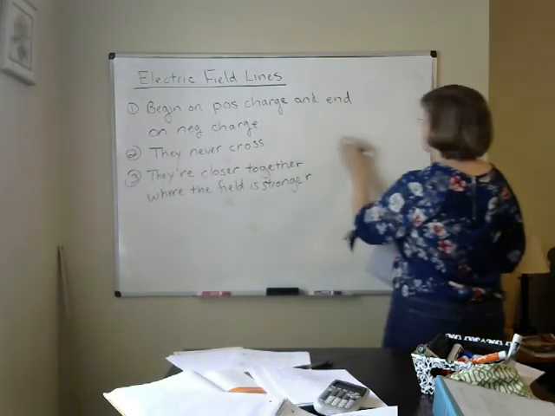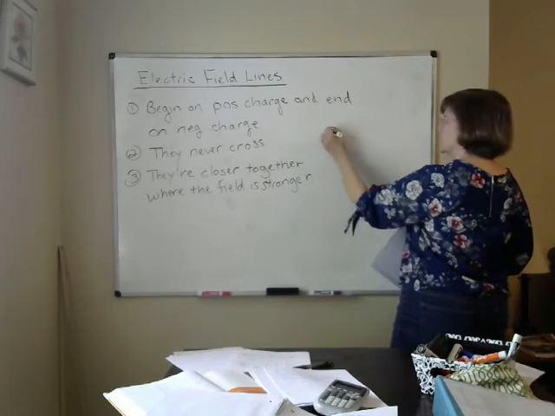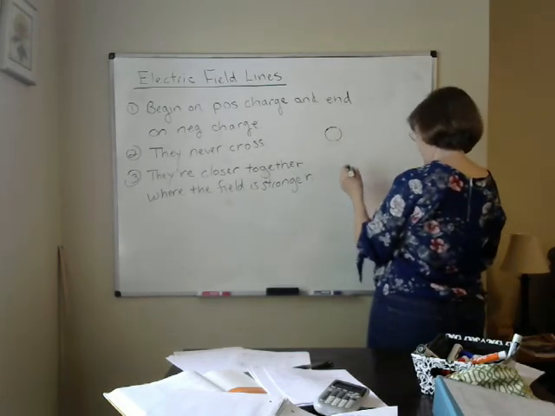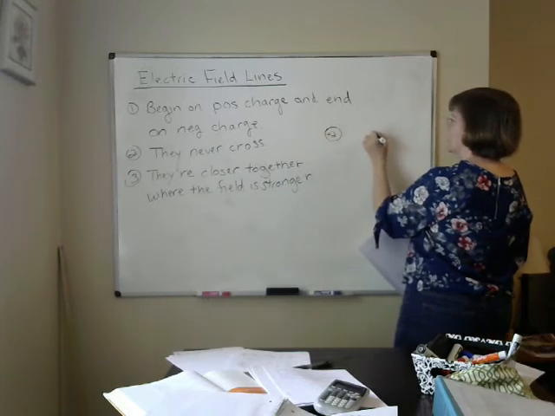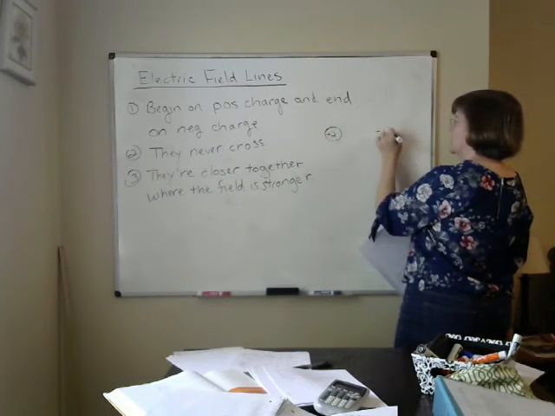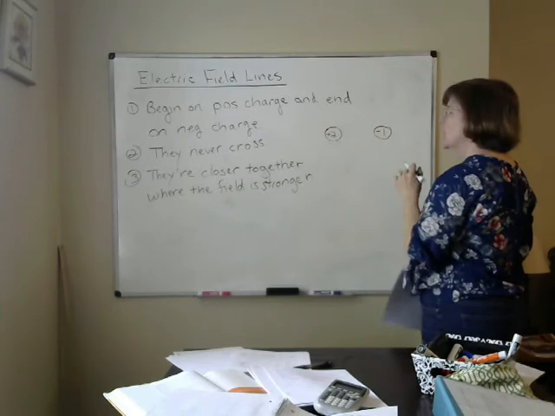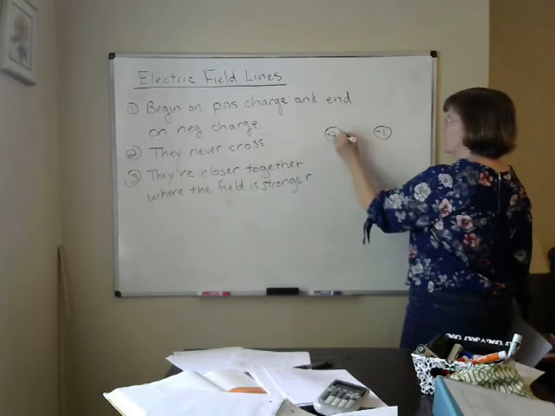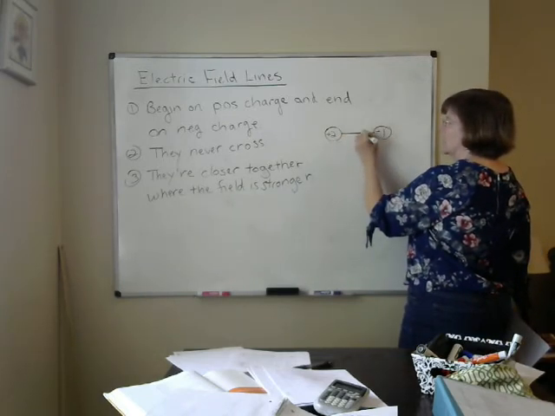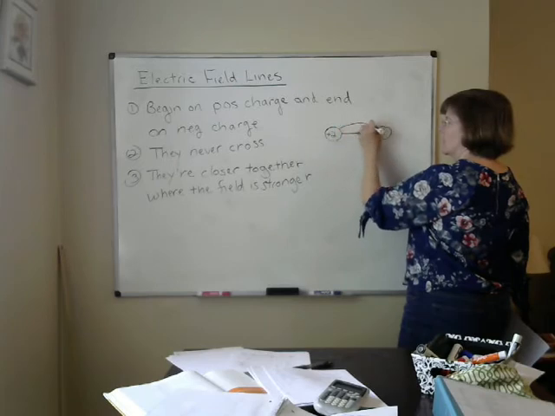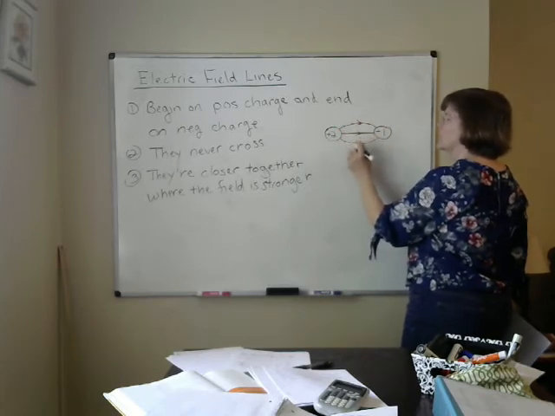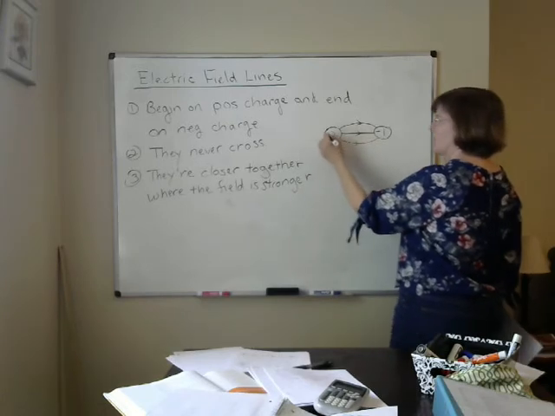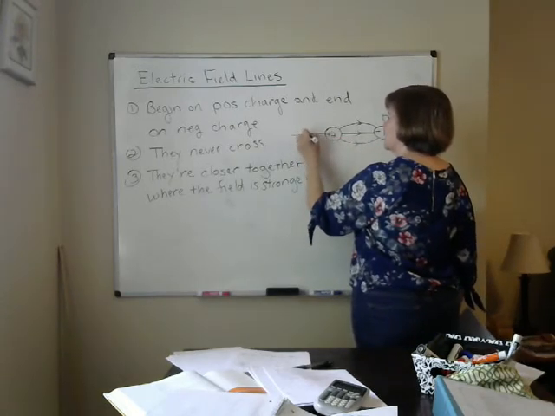If I had, say, a positive charge here, so that's plus 2 coulombs, and a negative charge here, that's minus 1. We would expect lines to go from positive towards negative. We would also expect this charge to have more lines because it has more charge.